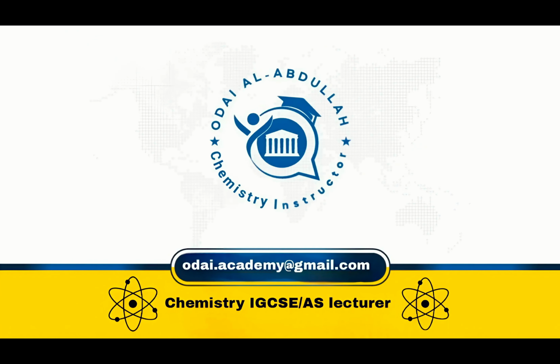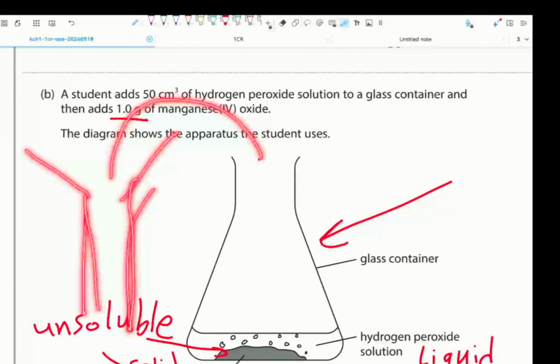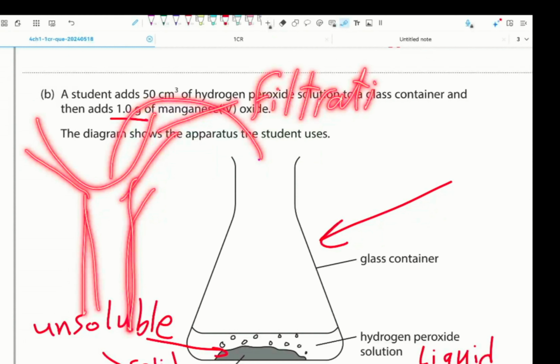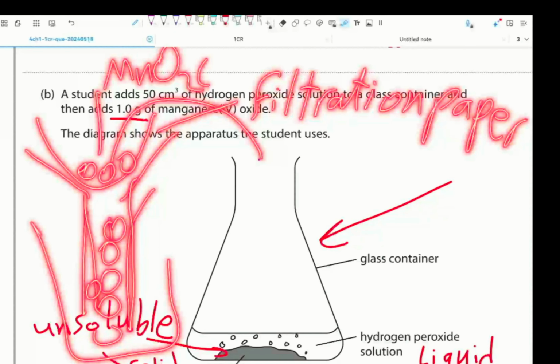So what do we do, my friends, here? We take this conical flask, we pour it over the funnel, which contains the filtration paper. The liquid will be coming down here as drops, and the solid, which is MnO2, will be stuck here.